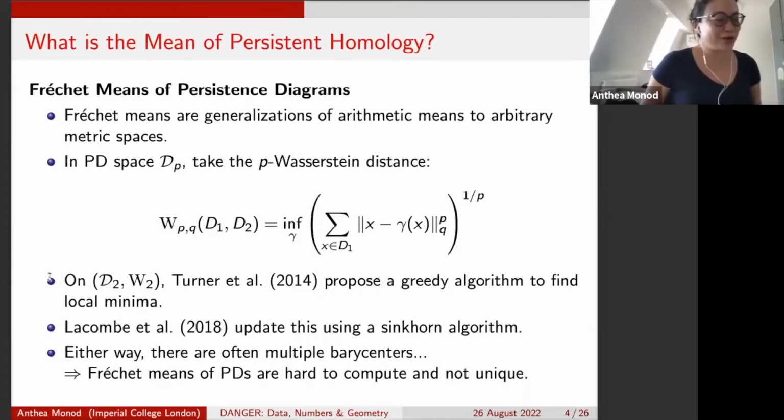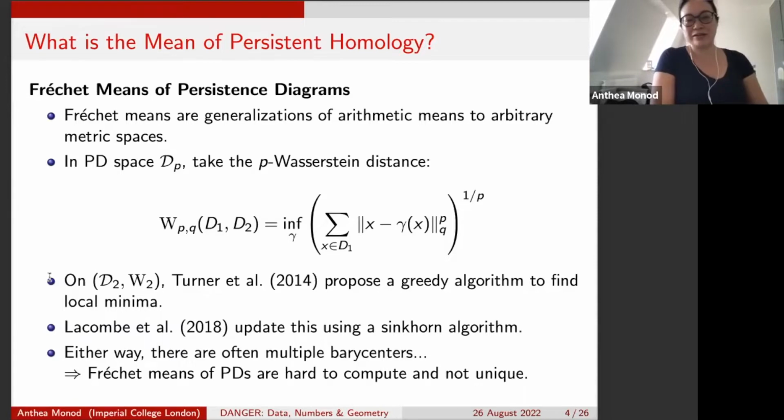So the first question is, what is the mean of persistence diagrams? Well, the first proposal of a mean of persistence diagrams relies on a very natural statistical generalization of a mean. This is the Fréchet mean. It generalizes the usual arithmetic mean that we all know and love from the most elementary things that we study almost all the time, to arbitrary metric spaces.